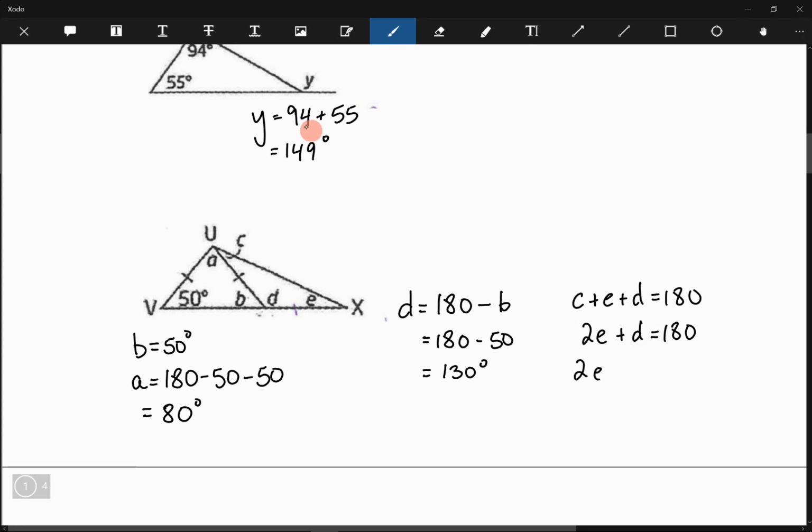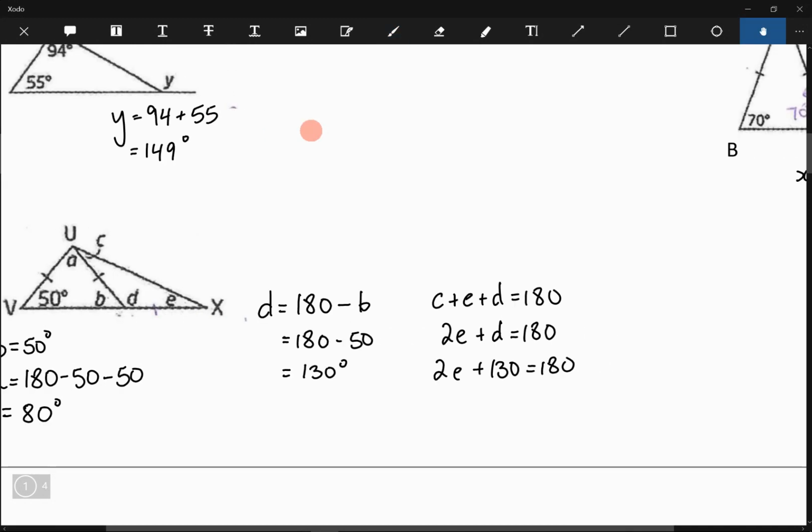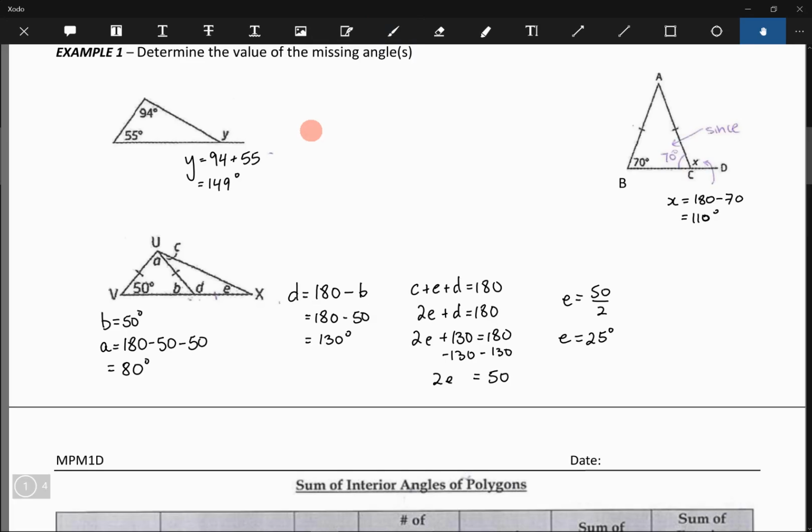So 2E plus 130 equals 180. Now just solve for angle E. If I subtract 130 from both sides, I will get 2E equals 50. And if I divide both sides by 2, E will equal 50 over 2, which is 25 degrees. So angle E and angle C are both 25 degrees.